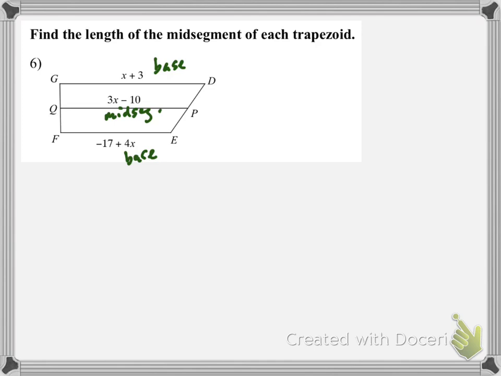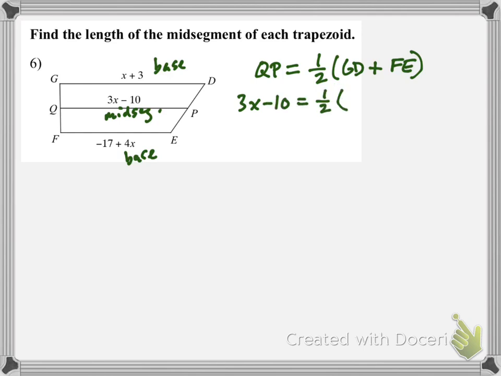Okay, so QP equals 1/2 times GD plus FE. Now let's plug in what we know. QP is 3x minus 10 equals 1/2 times GD is x plus 3 plus FE is negative 17 plus 4x.